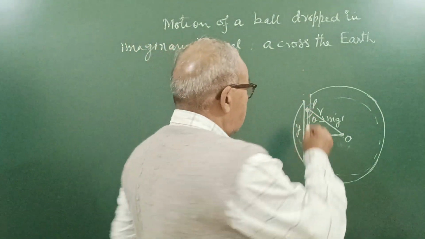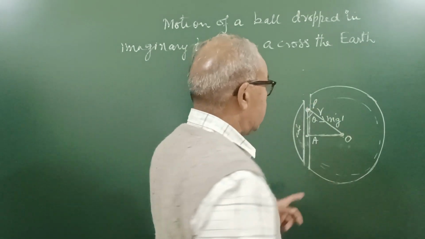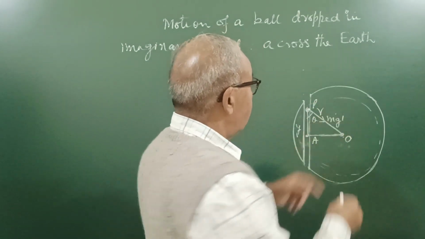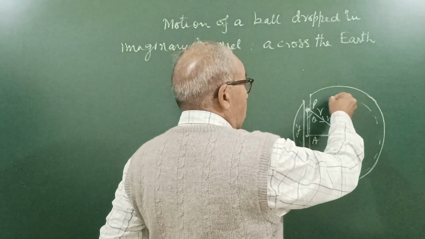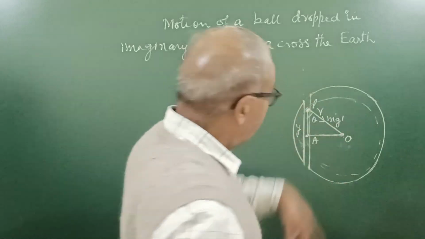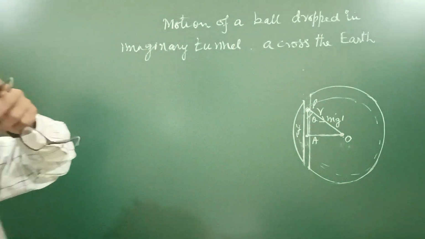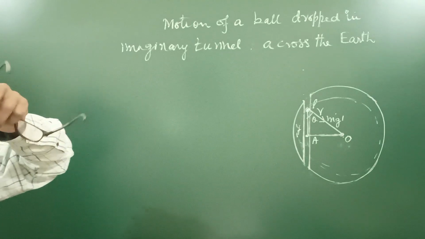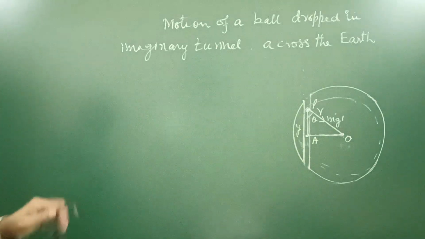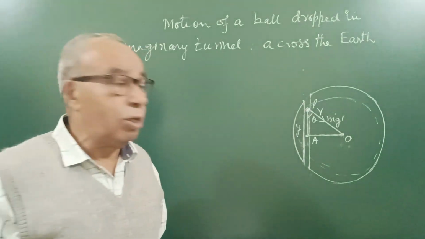Here this is the mass m of the ball. So weight is mg dash, where g dash is the effective value of acceleration due to gravity at this point inside the earth. And you know that as we go deep inside, the value of g decreases. We will prove that the motion of the ball will be simple harmonic.